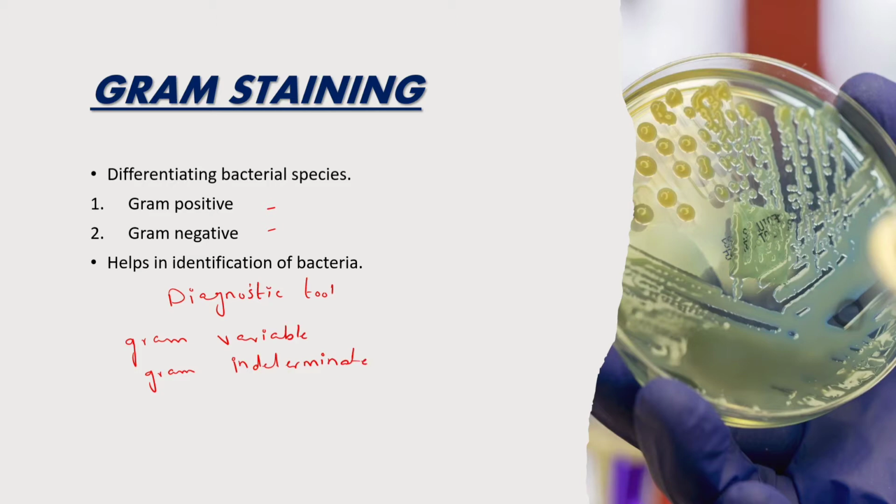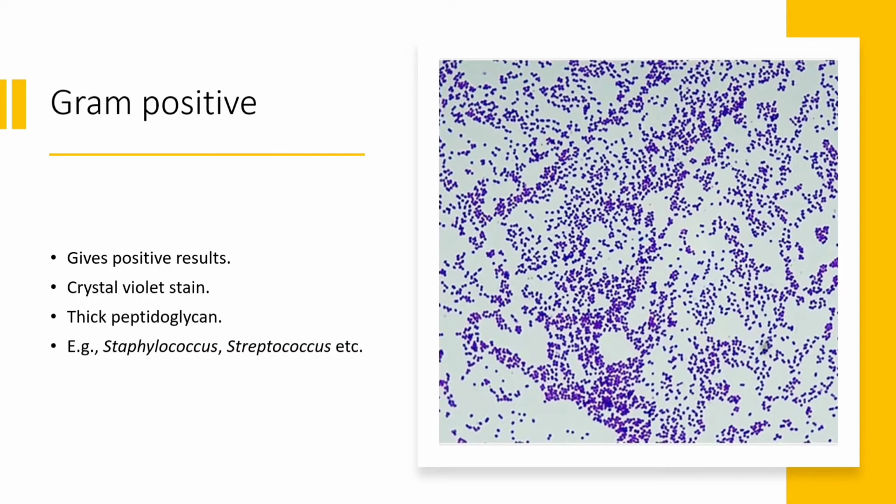Now, what is gram positive bacteria and gram negative bacteria? Gram positive bacteria are those bacteria that give positive results in gram staining procedure.